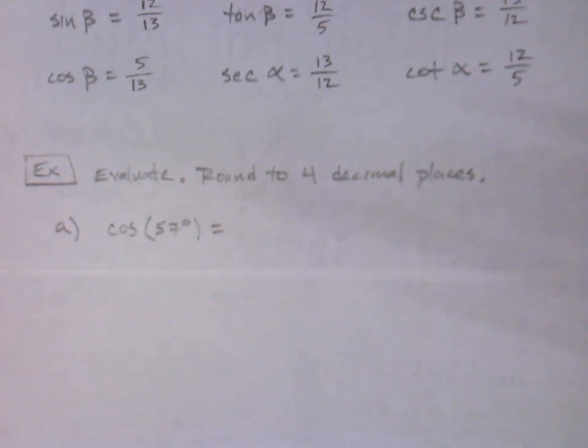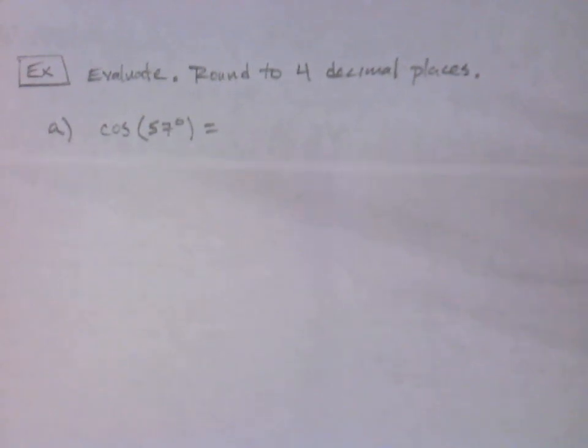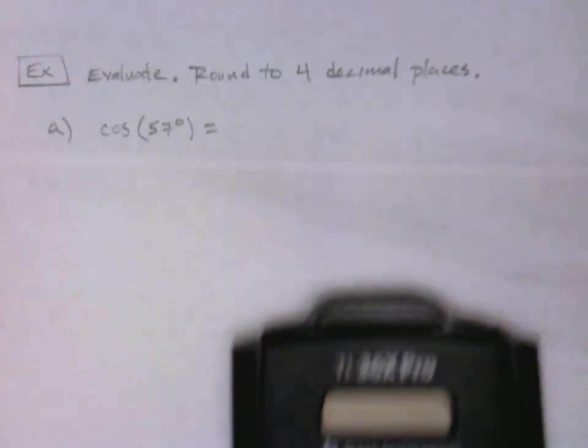So actually, I need to grab my calculator. Okay. Sometimes we're going to see degrees. Other times we're going to see radians. So be familiar with how to convert your calculator between each mode.